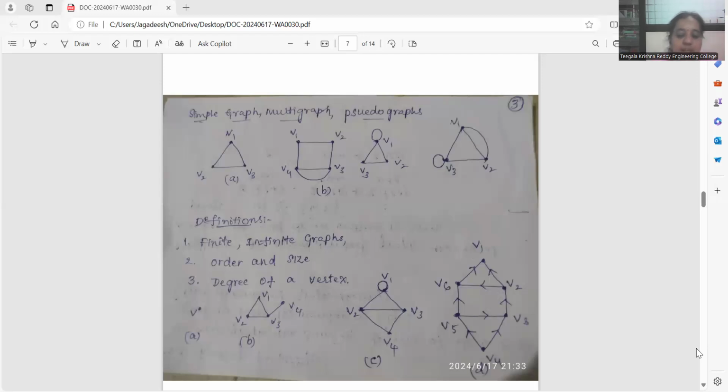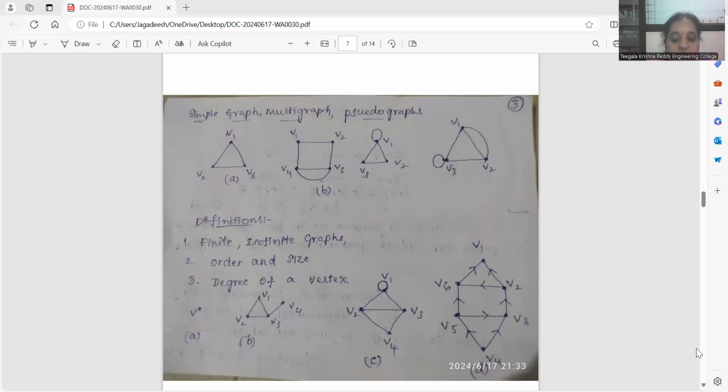Now, coming to the graph D, it is a directed graph because direction is shown here. Overall, the point is only degree, so internally we have in-degree and out-degree. Coming to V1, the in-degree is 2, right?